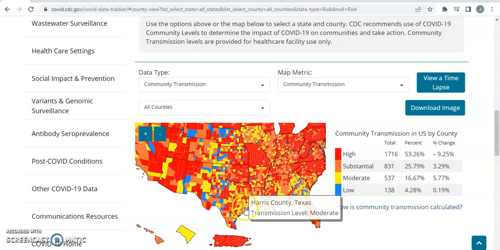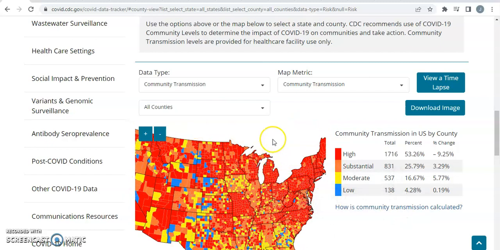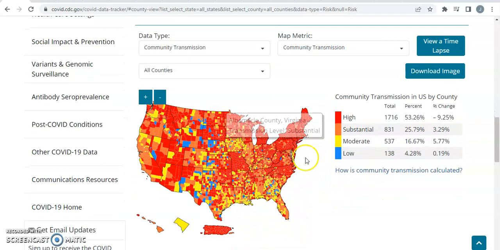The point is, this map is not matching. You can clearly see it here. This map is not matching the community spread map. And this map is a far more accurate indicator of how bad things are going in the United States. So you can use two maps, community spread and community transmission. Use the community transmission map to judge how bad or how risky something is in your area.